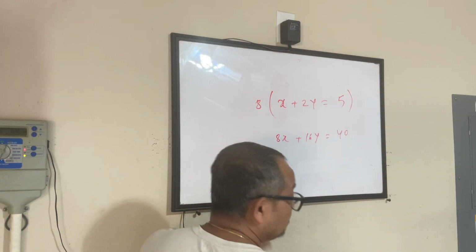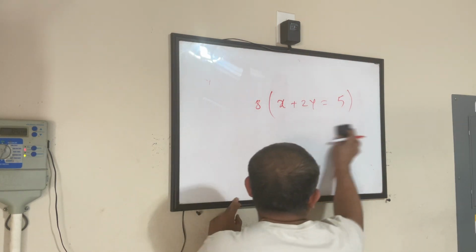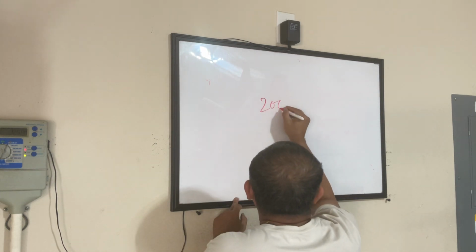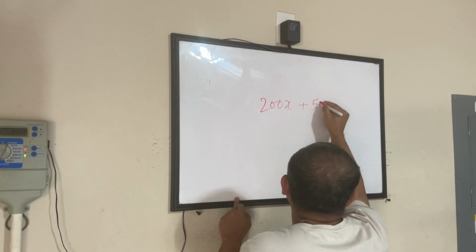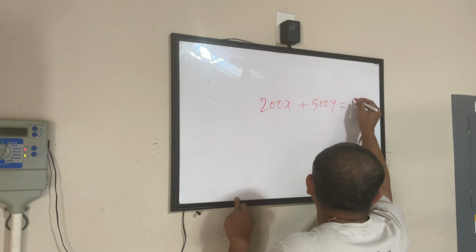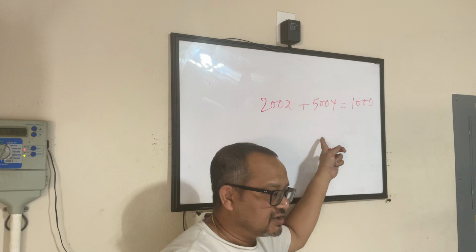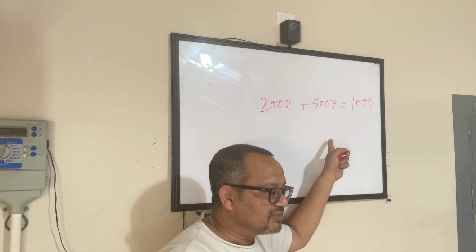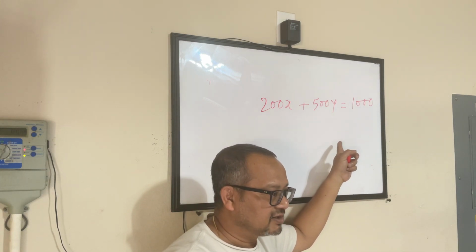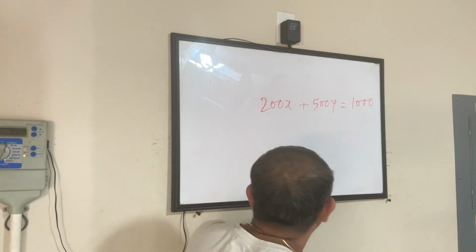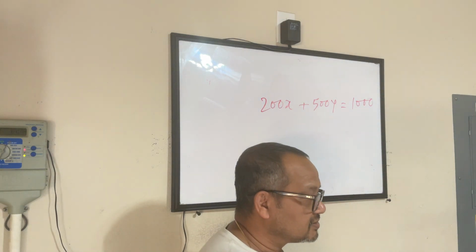Let's say you got something like 200x plus 500y equal to 1000. This looks nasty. You don't want to deal with such a big number always, right? So you can divide all the numbers by one number.